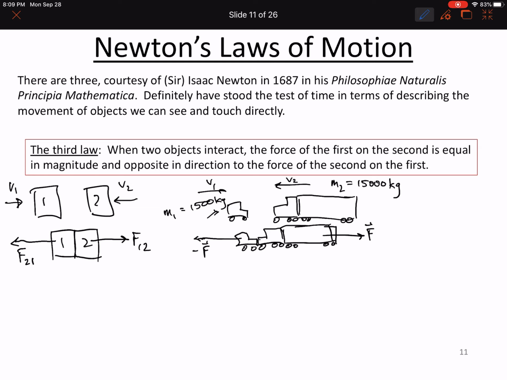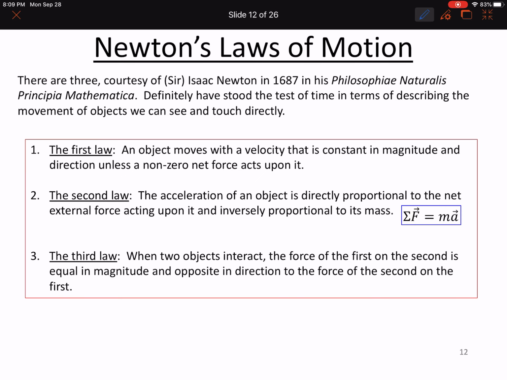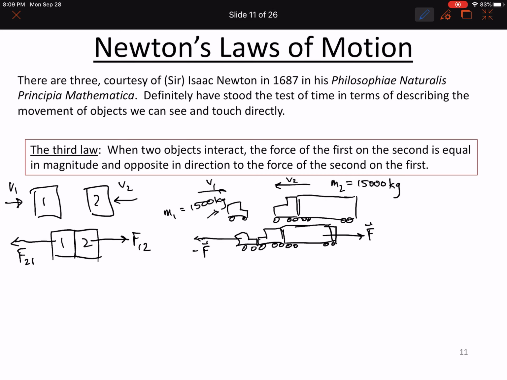Well, look at Newton's second law for a moment. If we look at the second law and we apply it to the first object, so the Civic in this case, the sum of all the forces on the Civic is equal to the mass of the Civic times the acceleration of the Civic.